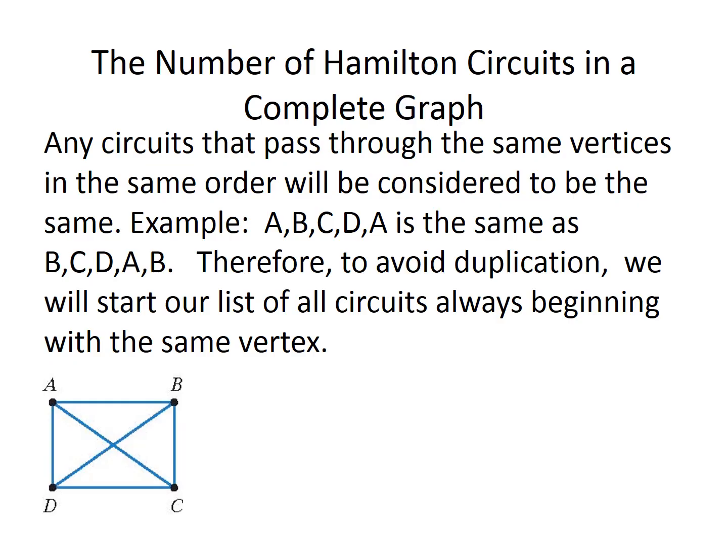Regarding the number of Hamilton circuits in a complete graph, any circuits that pass through the same vertices in the same order will be considered the same. We don't want to list out 25 different Hamilton circuits if many of them are the same.